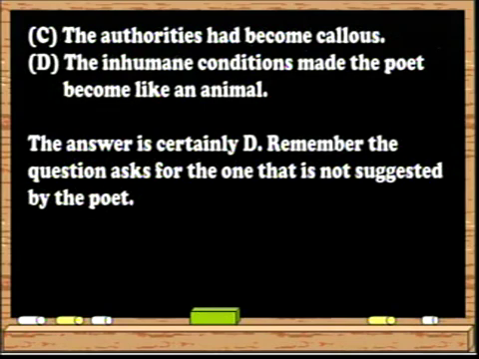C. The authorities had become callous. D. The inhumane conditions made the poet become like an animal. The answer is certainly D. Remember, the question asks for the one that is not suggested by the poet. Again, I must remind you to read the questions carefully.